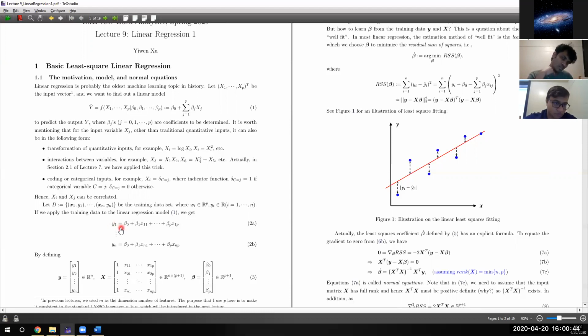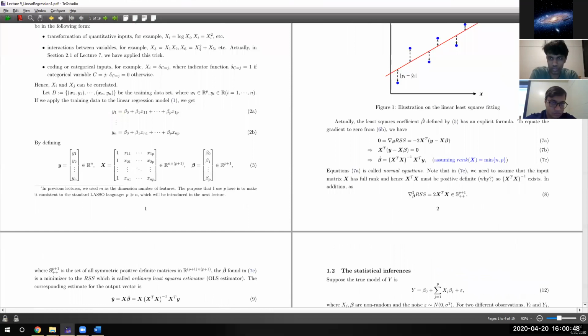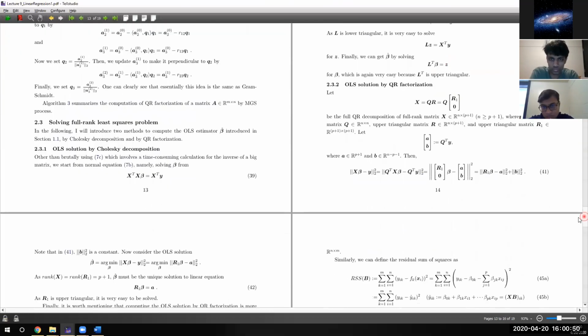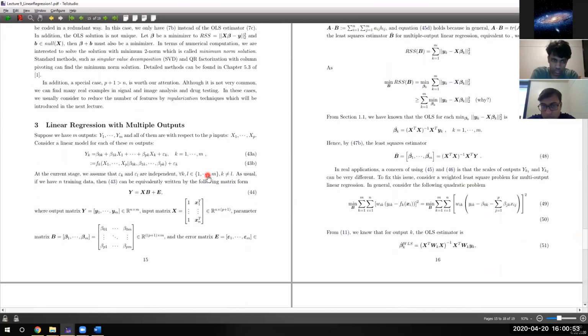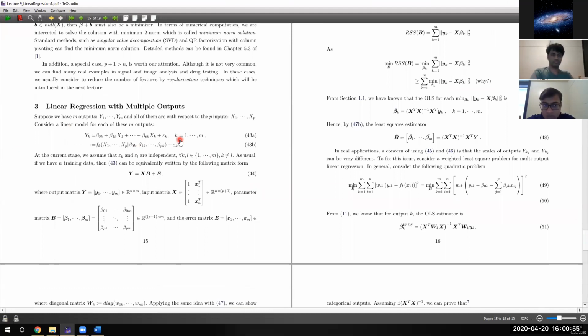I have multiple outputs. What shall I do? In general, the model is this way. For k equal to 1 to m, correspondingly I will have beta 0k, beta 1k, and so on, until beta pk.